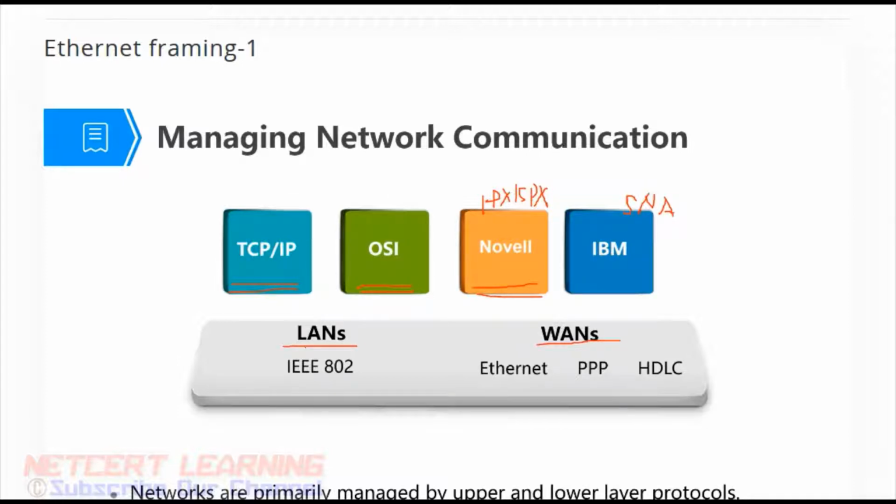LAN means local area network, and WAN means wide area network. A LAN is a network located in a narrow area, such as a campus, and a wide area network can extend over a long distance, from some kilometers to thousands of kilometers away.